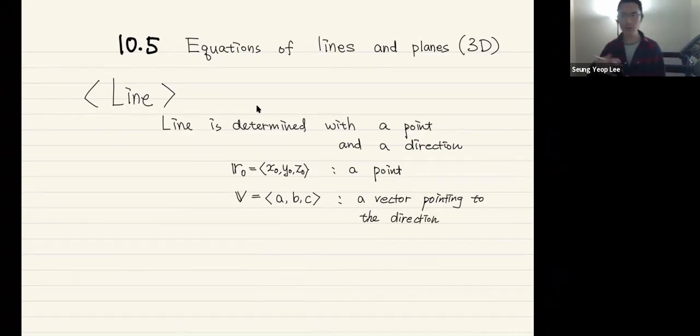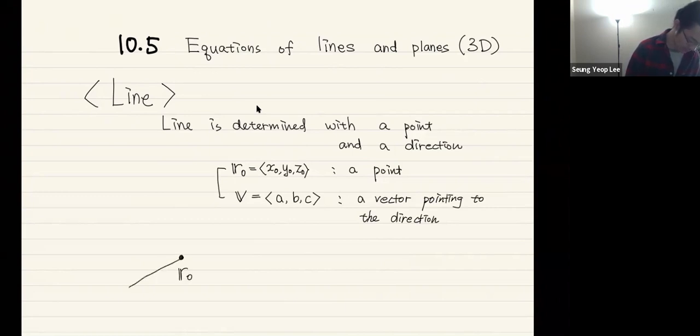Then from that, you can determine a line. What is the line? So we have R0 on the line, and we have the vector that's pointing to the direction of this line.